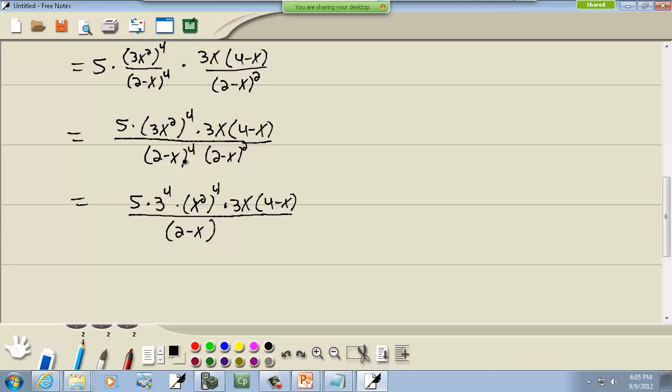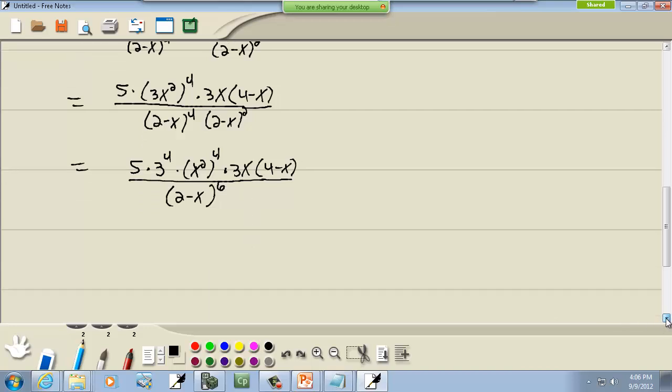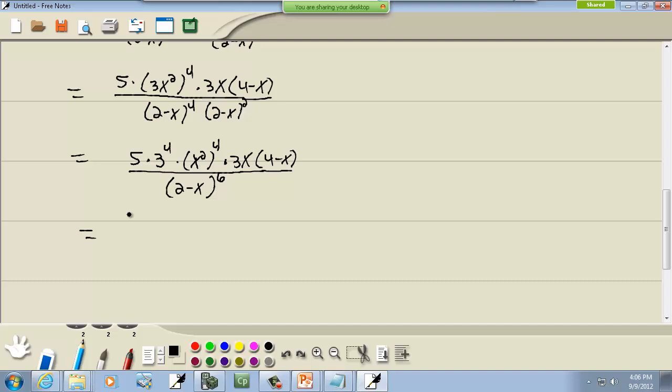Now here, when you got 2 minus x to a power times 2 minus x to a power, you add the exponents. So that gives us 6. Okay, so that's 5 times 81 times x to the 8th. You're raising one exponent to another exponent, you multiply them. Times 3x and 4 minus x. So we got 2 minus x to the 6th power.